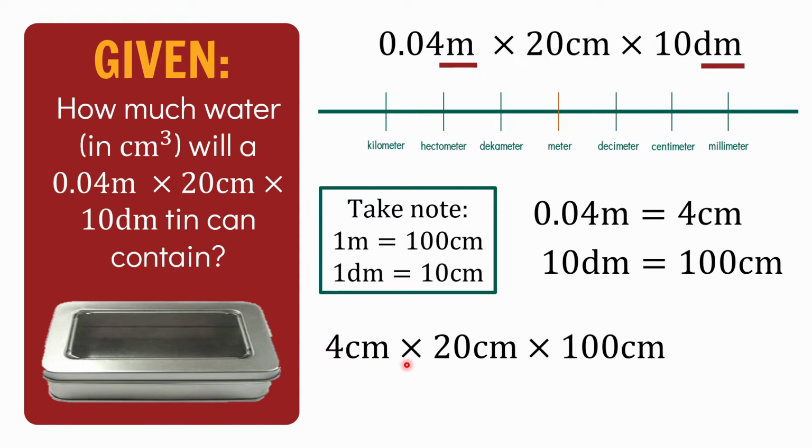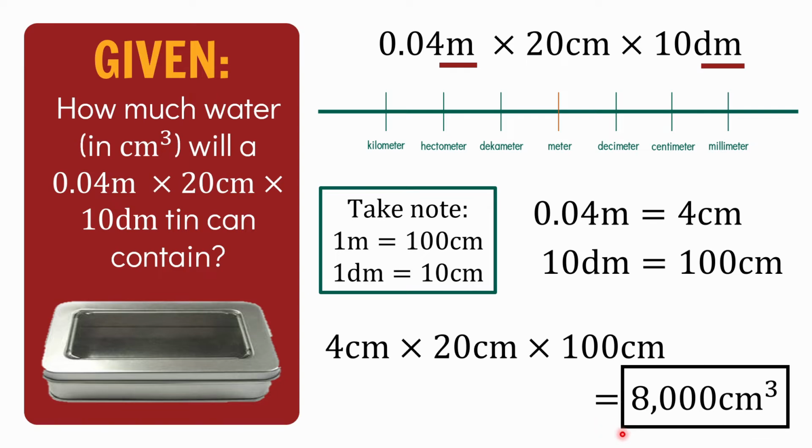And now we can find the volume of this tin can because the unit of measurements of the given items is now in centimeter. So 4 centimeter times 20 centimeter times 100 centimeter gives you 8,000 cubic centimeter. Thus, 8,000 cubic centimeter is the amount of water that a tin can have.